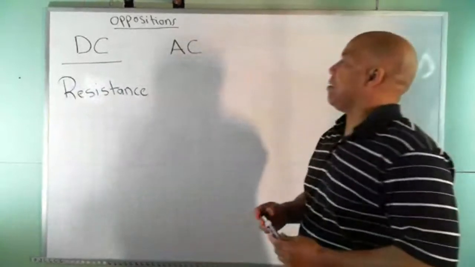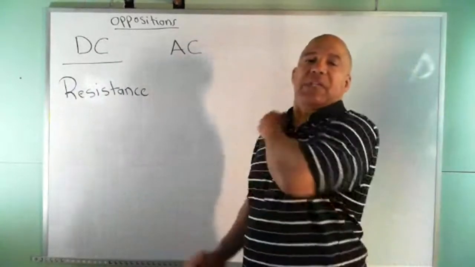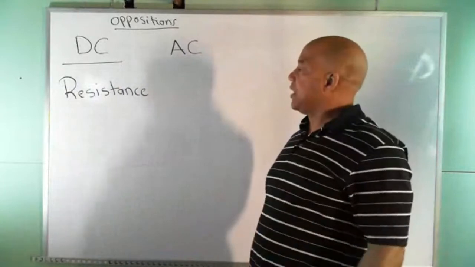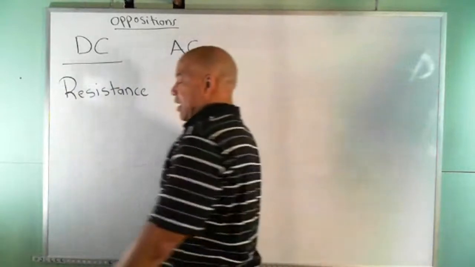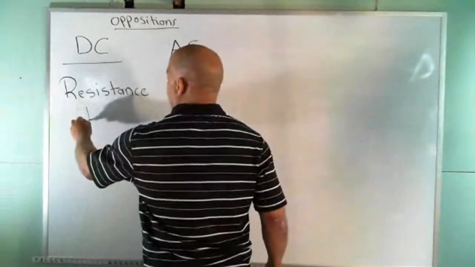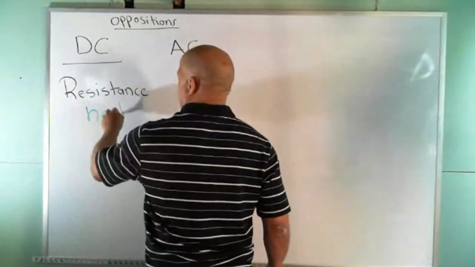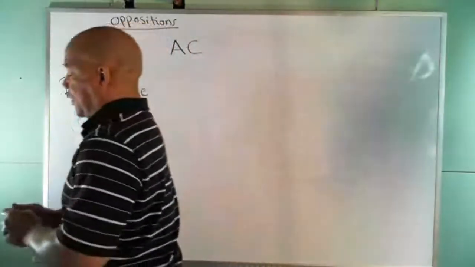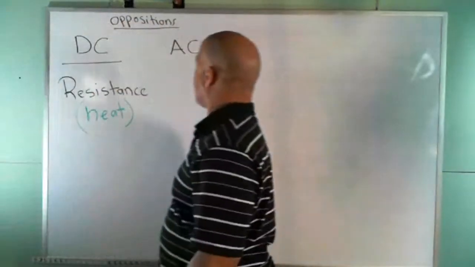And we think about resistance as the electrical equivalent of friction. The electrical equivalent of friction, and resistance is always associated with heat. That's important. Resistance is always associated with heat.